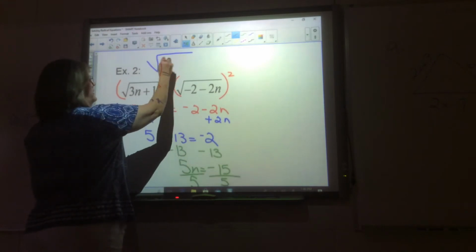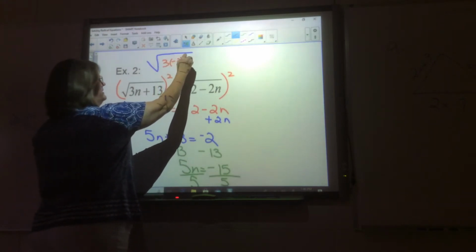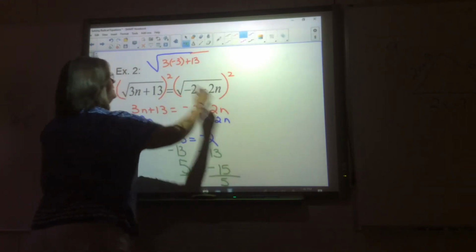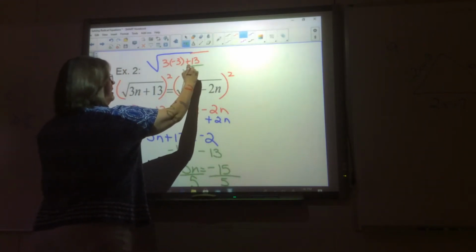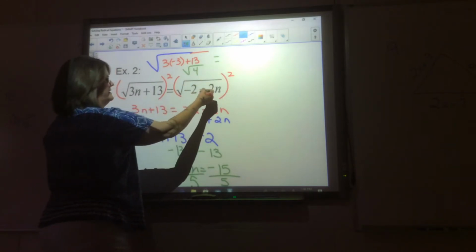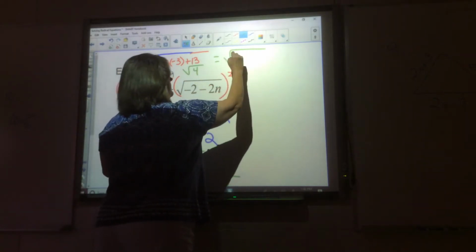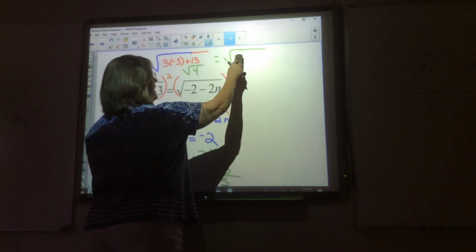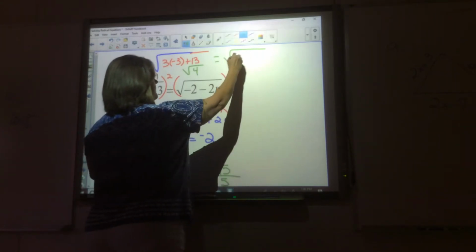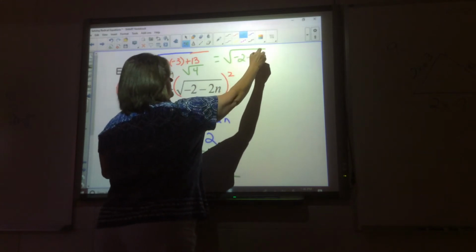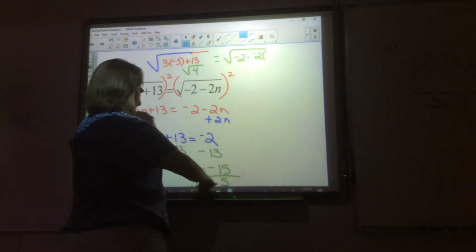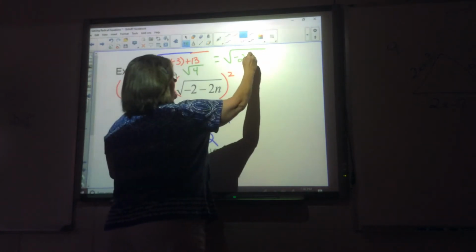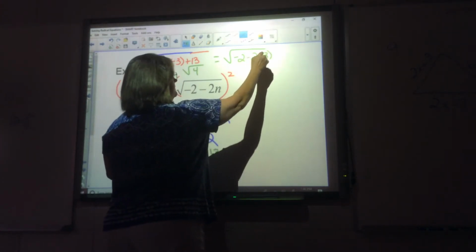So 3 times negative 3 plus 13 gives us the square root of 4. Okay, we're going to check this side out. The square root of negative 2 minus negative 2 times negative 3.